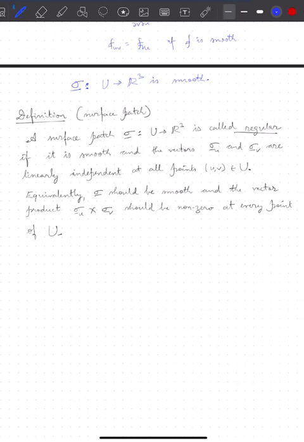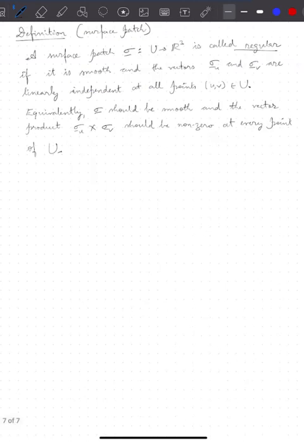Now let's talk about one more definition before we wind up today's session.